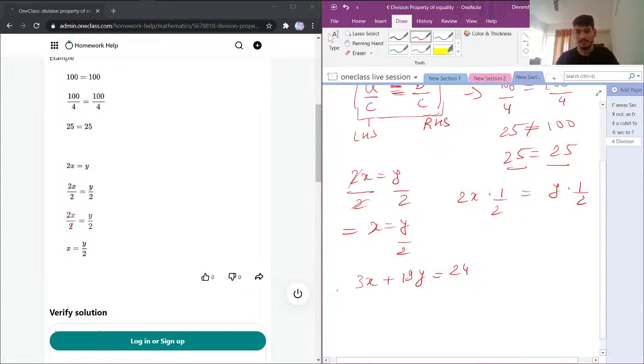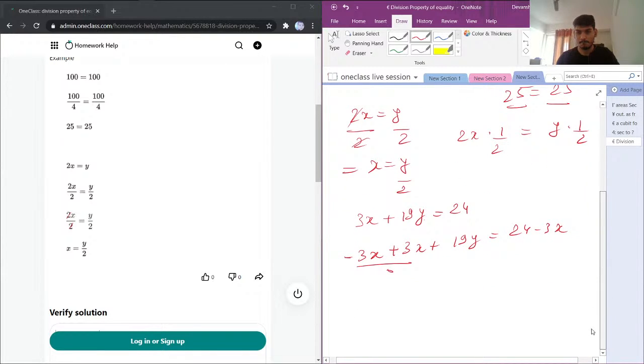So for that, we will subtract 3x from both the sides, from RHS and LHS. 19y equals 24 minus 3x, and this will be 0.